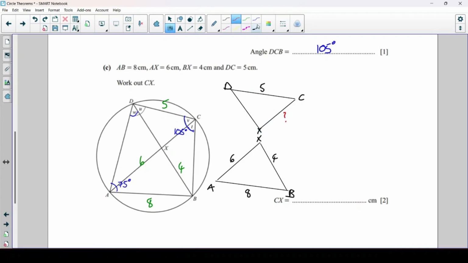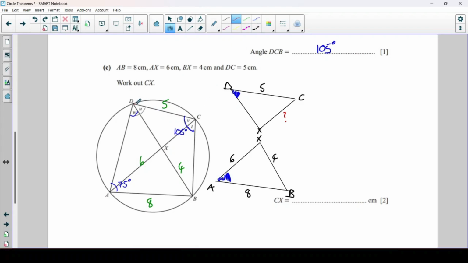For them to be similar triangles though, I need for some of these angles to be equal. And again, it's using angles in the same segment. So this one here, BAC, is going to be equal to this one here. So those two angles are equal, the angle at D and the angle at A. So let's colour those two in blue, so those two are equal.